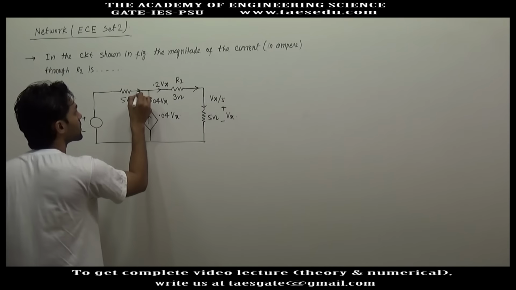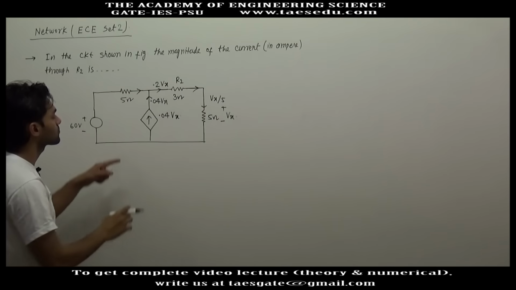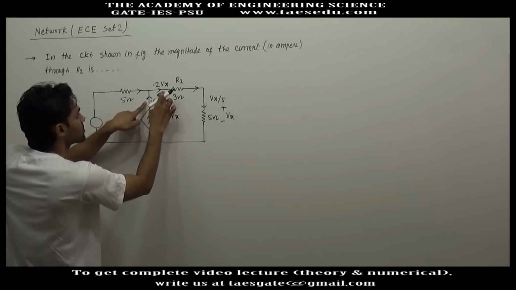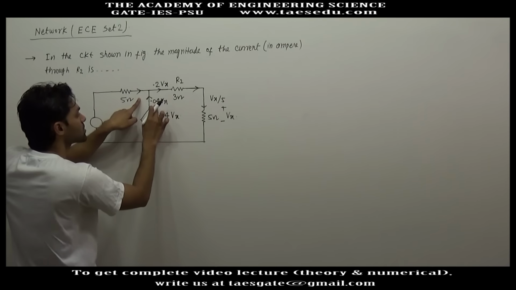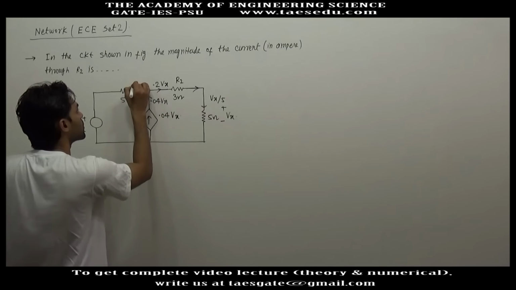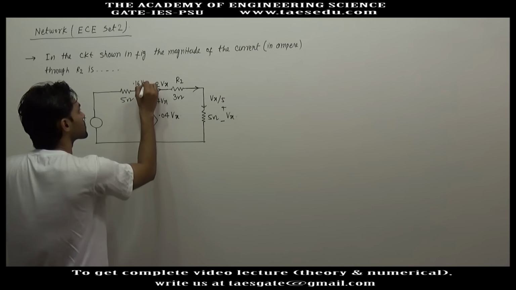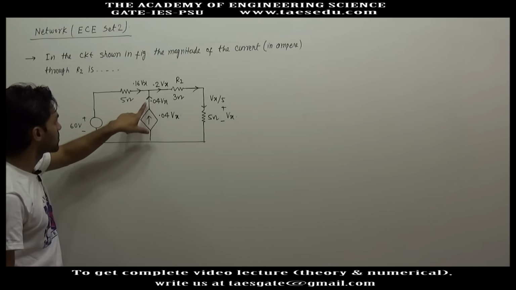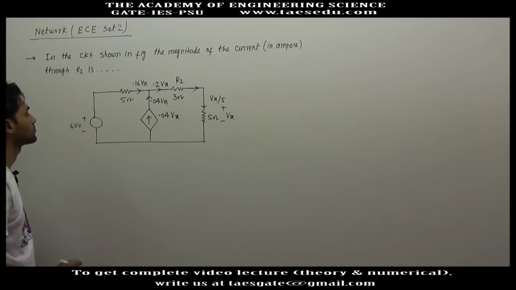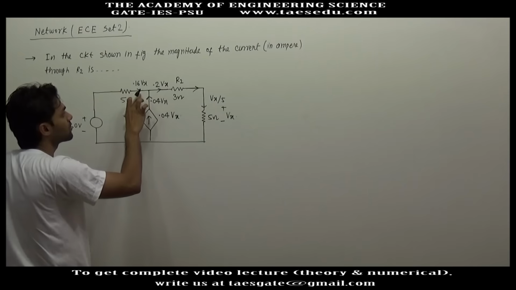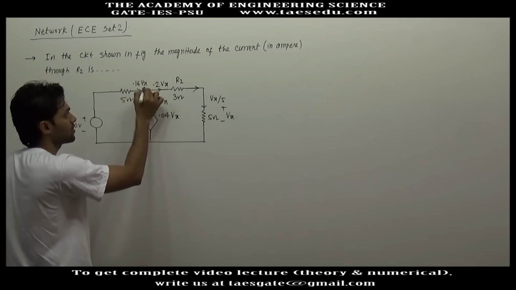So here, this current plus this current is 0.2 Vx, so this current will be 0.2 Vx minus 0.04 Vx, which is 0.16 Vx. 0.16 plus 0.04 makes 0.2. Okay, so we have current in all the resistances in terms of Vx.